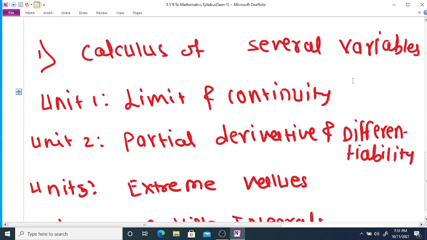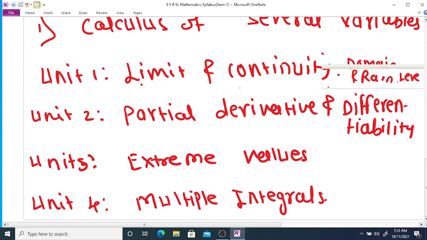Now in first unit, that is in limit and continuity, we are going to see the domain, what is the domain, then range of multivariable function, then level curves also we are going to see here, and then we are going to check whether the limit of the multivariable function is exist or not.